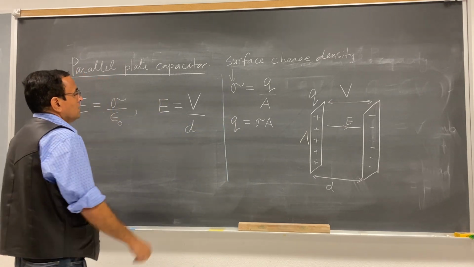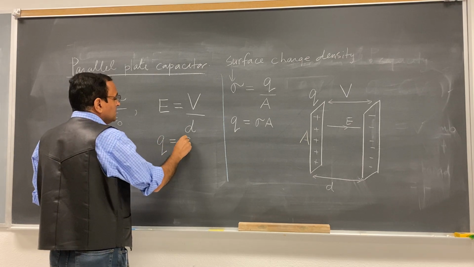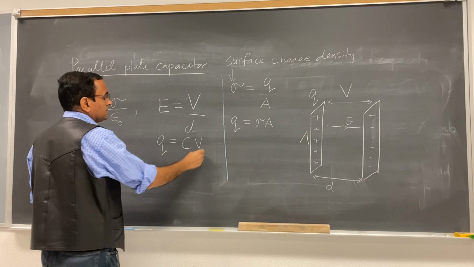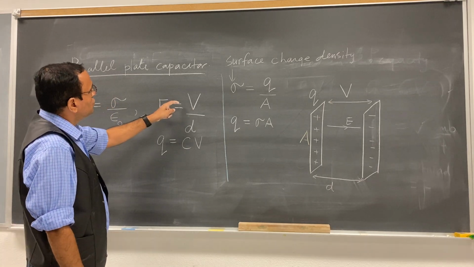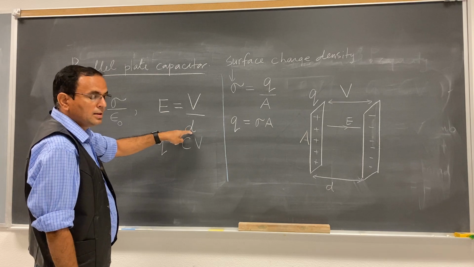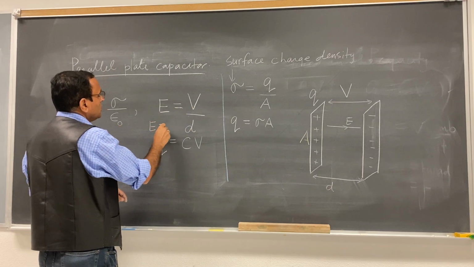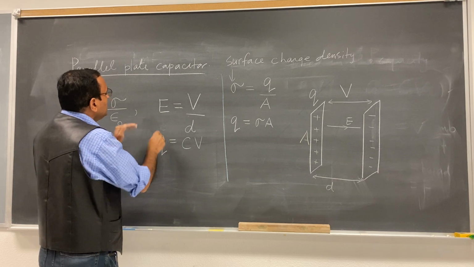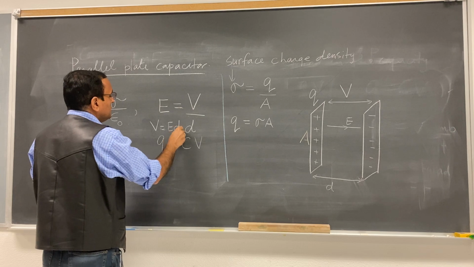And from the definition of capacitors, Q equals C times V. So what is V from here? Since E equals V divided by D, V equals E times D.